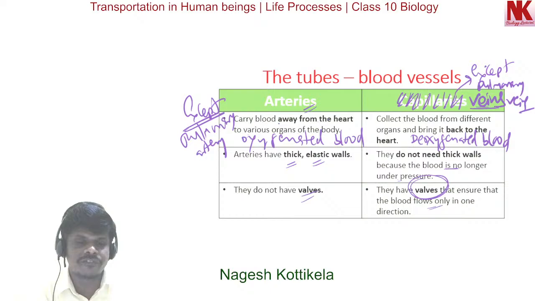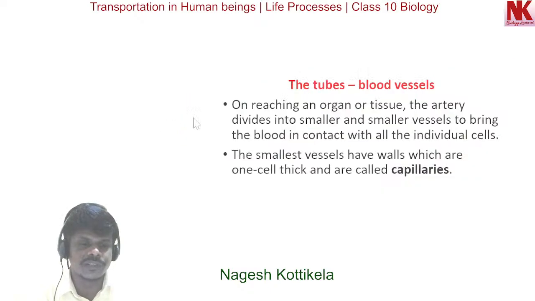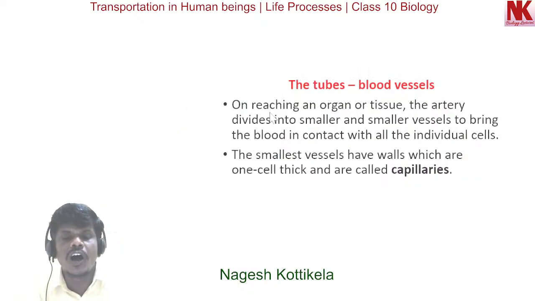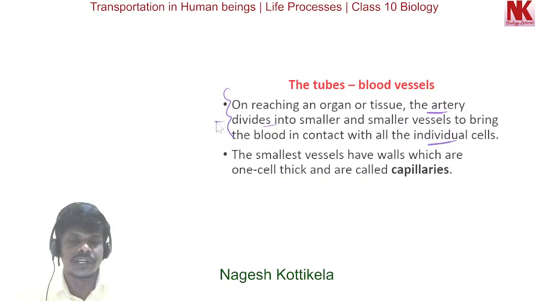Now the continuation: the tubes on reaching an organ or tissue. The artery divides into smaller and smaller vessels to bring the blood in contact with all the individual cells. This is a very important statement.